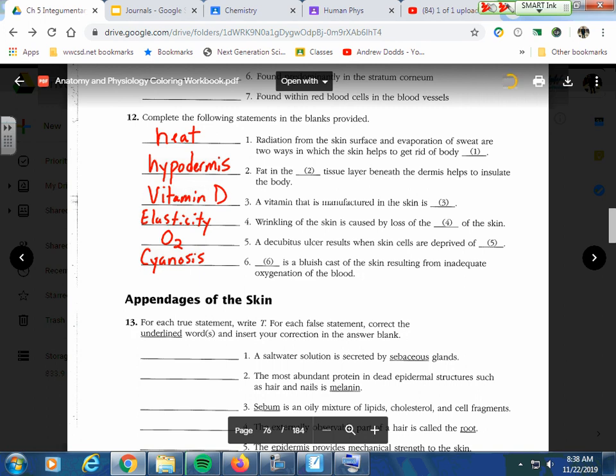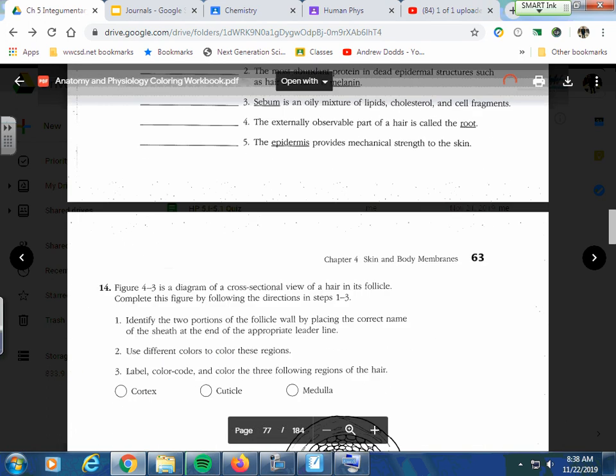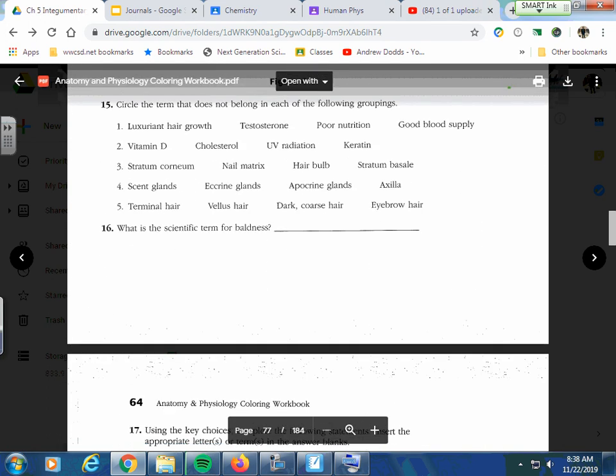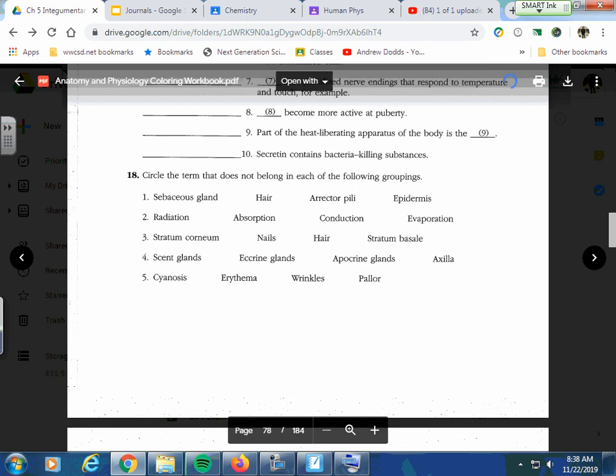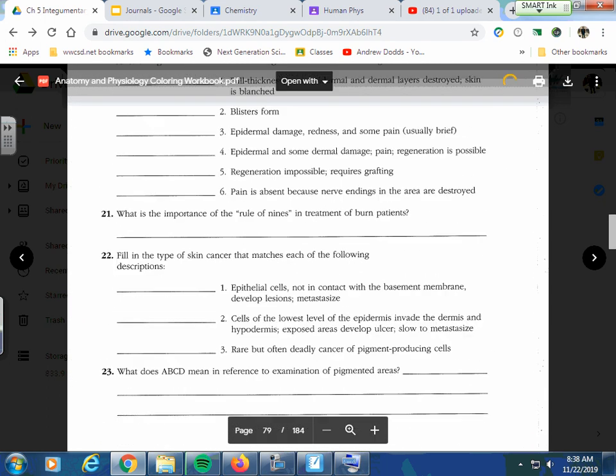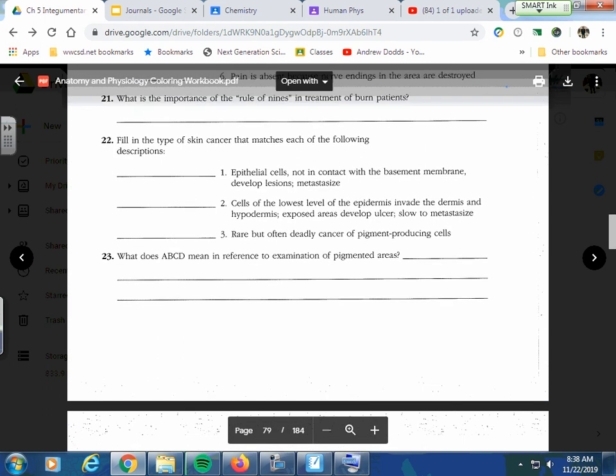All right, so on to 22 and 23. So 22, fill in the type of skin cancer that matches each of the following descriptions. So number 1 is going to be squamous cell carcinoma.